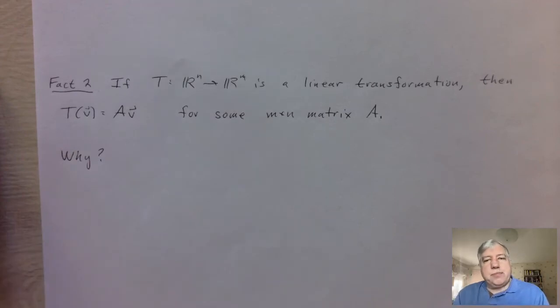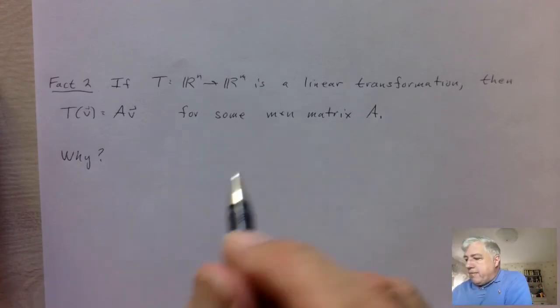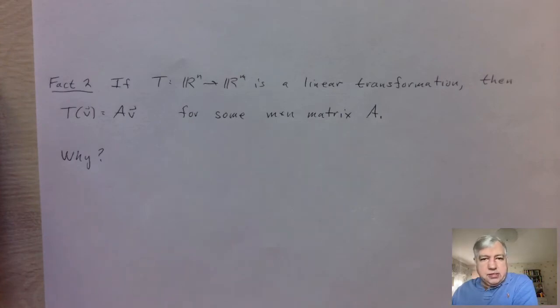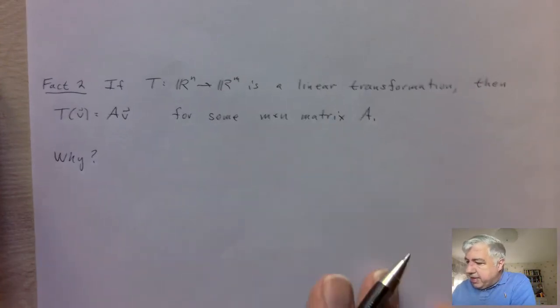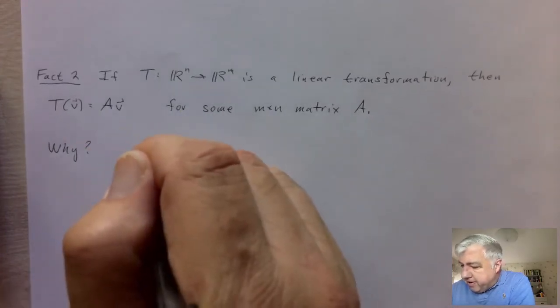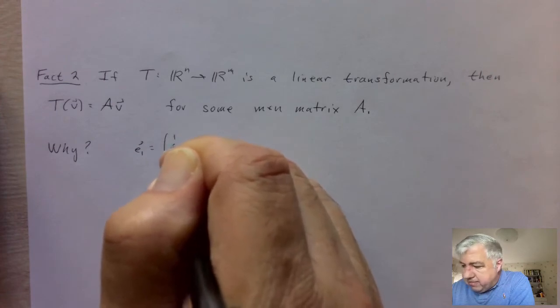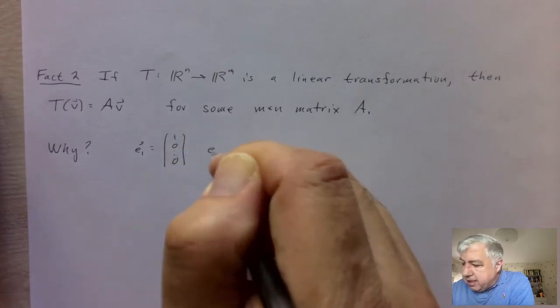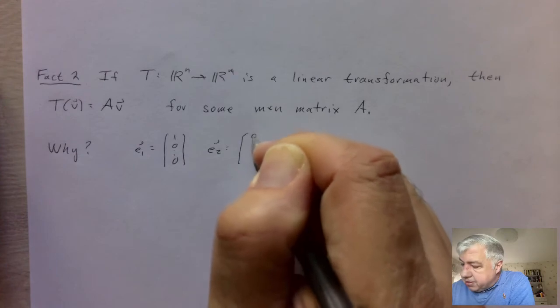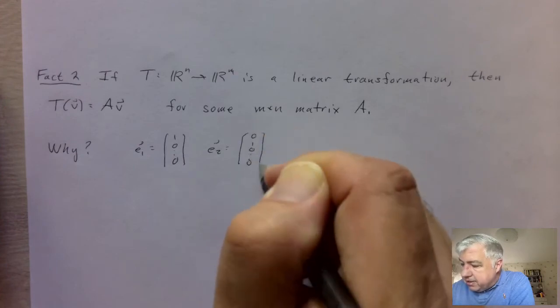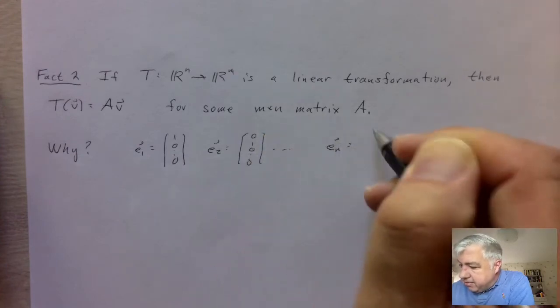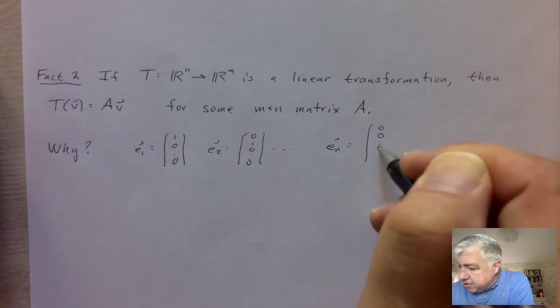Remember, every Rn has a standard basis. E1 is the vector 1 followed by zeros, E2 is 0, 1, 0, dot dot dot, and then En would be 0, 0, 0, 1.